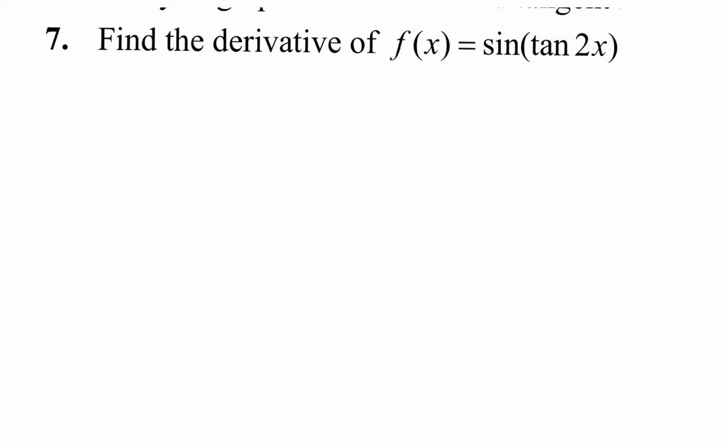Okay, the next one, find the derivative of sine of tangent of 2x. So u is tangent of 2x. And the derivative of u with respect to x is the derivative of tangent of 2x. The derivative of tangent of x is secant squared of x.